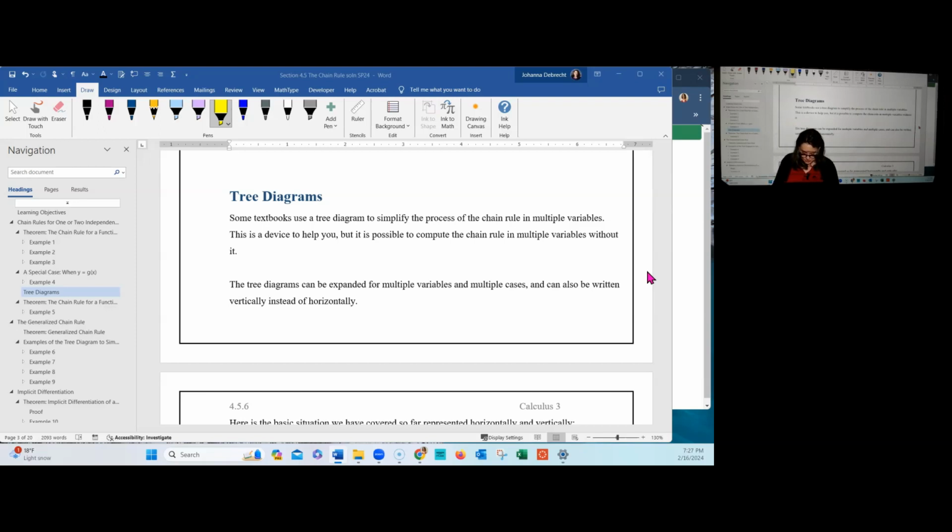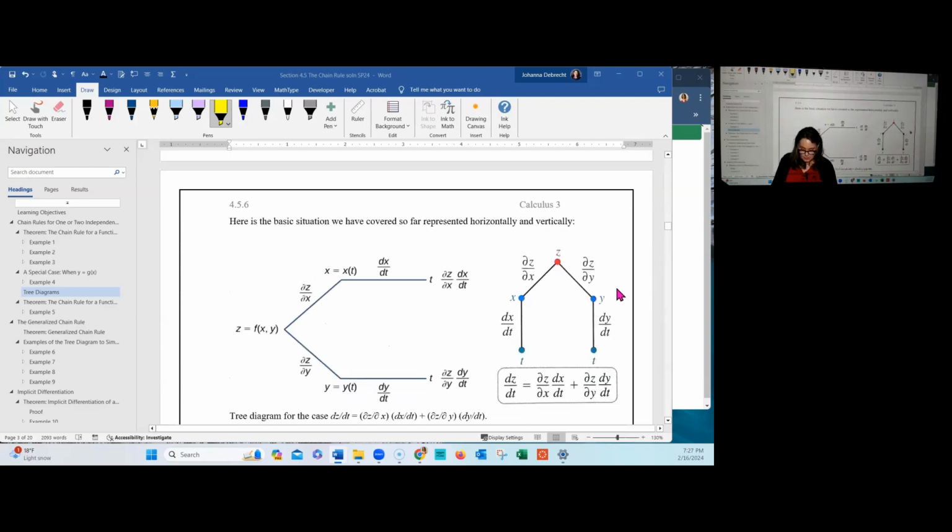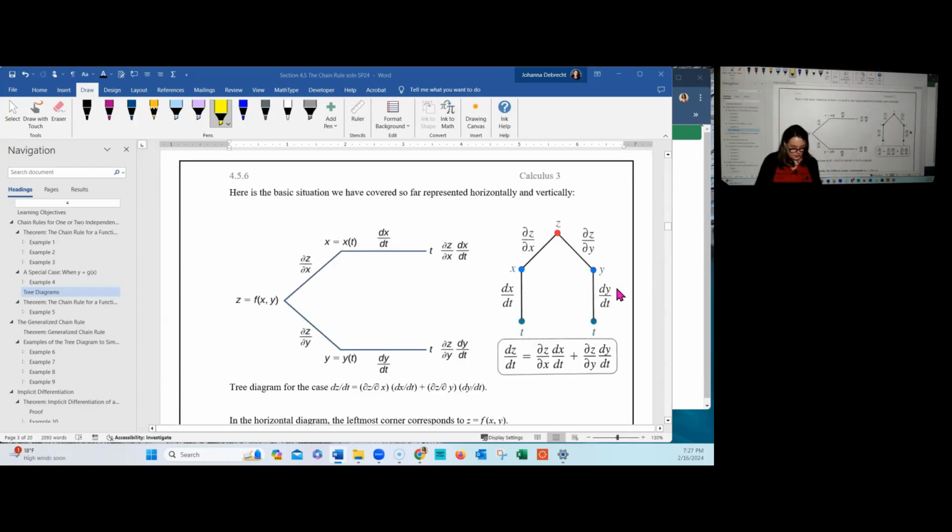Here's the basic situation we've covered so far, represented horizontally and vertically. This is the tree diagram for the case dz dt is equal to the partial of z with respect to x times the derivative of x with respect to t plus the partial of z with respect to y times the derivative of y with respect to t. In the horizontal, notice that the outside function is the one that is written in the center.